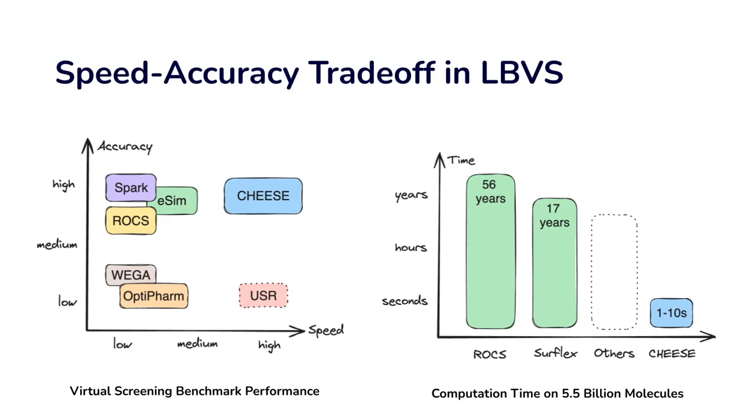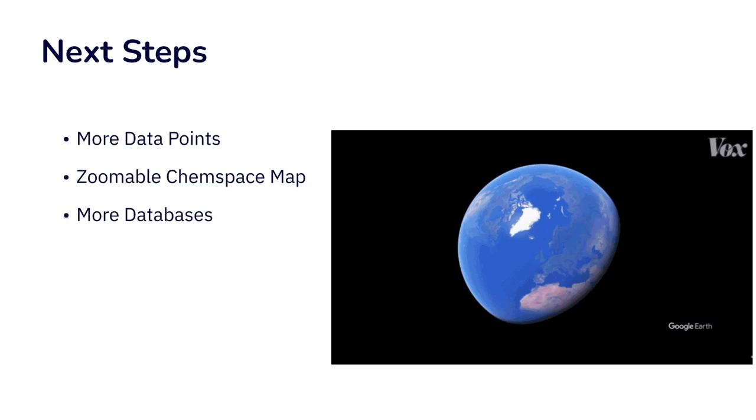For instance, the computation time to search in 5.5 billion molecules is a few seconds with CHEESE, but with traditional 3D screening methods, you would need years. Even 56 years with ROCS to compute on one CPU the similarities to molecules in the database and get the most shape similar ones.